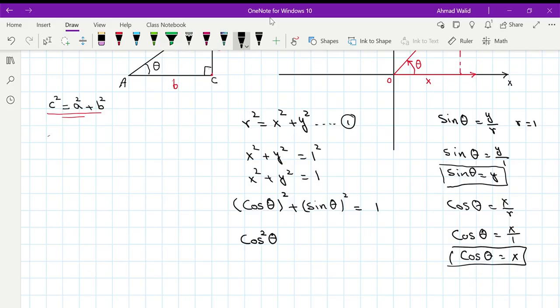They are the same. Plus sine square theta equals what? 1. Or you can put it in a nice order. First sine, then cosine. You can write sine square theta plus cosine square theta equals 1.